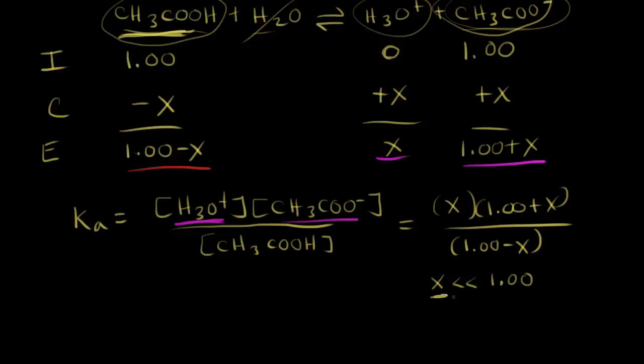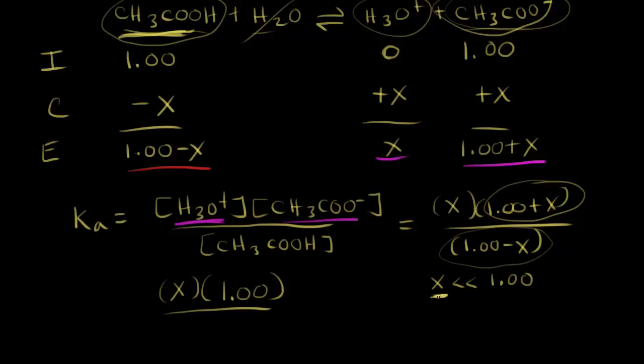So if this is a very small concentration, we don't have to worry about these. We can approximate them and say 1 plus X is approximately equal to 1. Let me go ahead and rewrite this here. So this would be X times 1, and over here 1 minus X, if X is very small, is also approximately equal to 1.